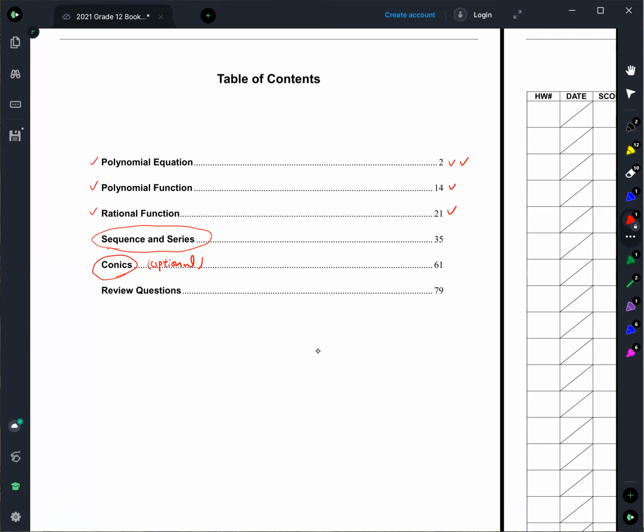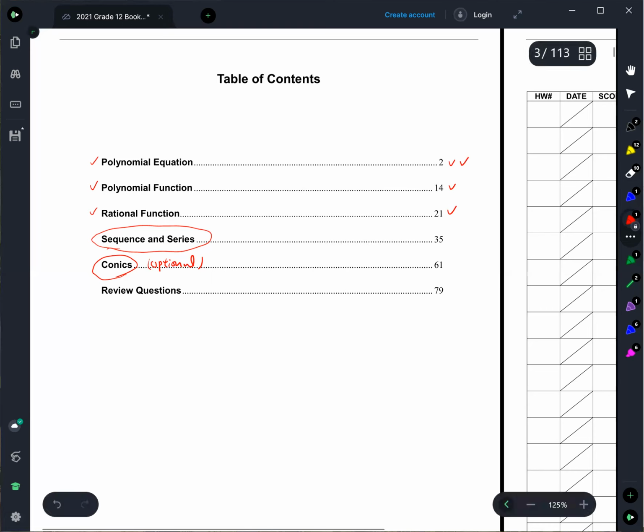And then sequence and series, you can watch it at your own pace, right? And if you have questions about the videos, you can just send them in on Google Classroom, okay, to ask me. So all the videos and the notes will stay online for at least 2 years, okay? So in case you need to review it next year when you take it at school, you can still go back, okay?